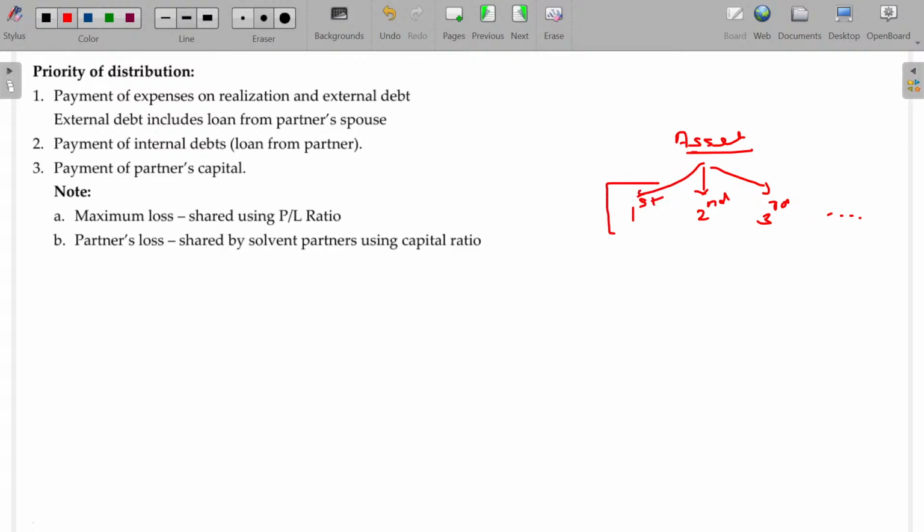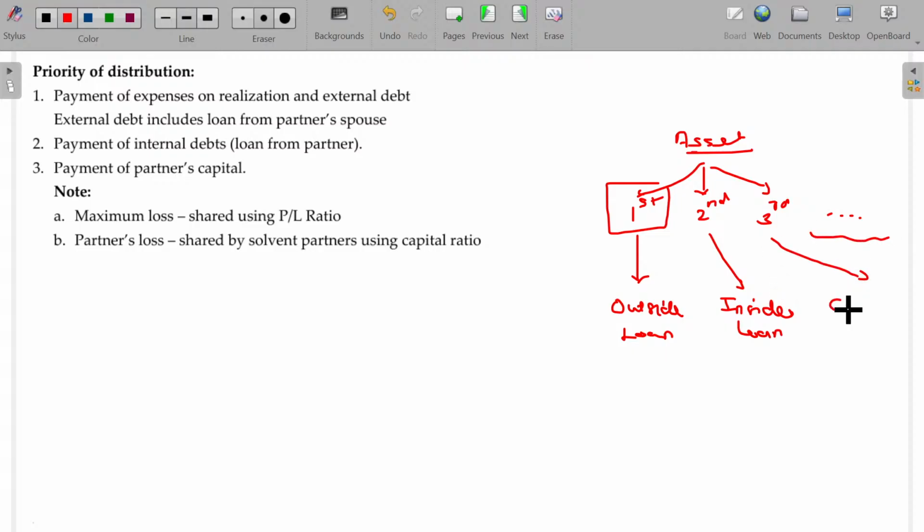The first amount should be used for payment of outside debt, outside loan. After settlement of outside loan, then you can go for settling the insider's loan. Then after settling this, if you still have any surplus amount, it will be used for paying the owner's fund back, the capital.